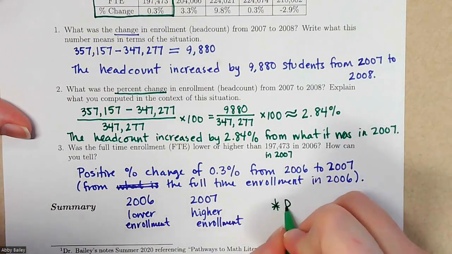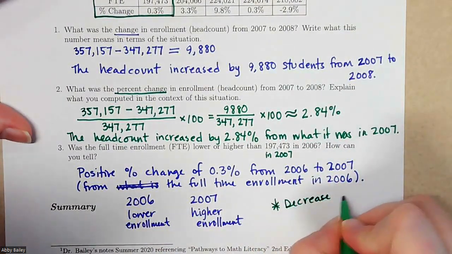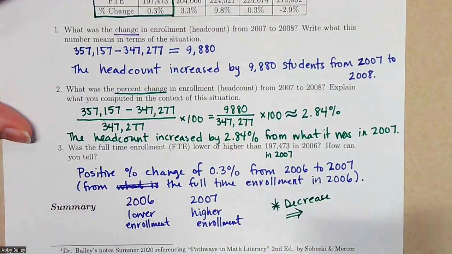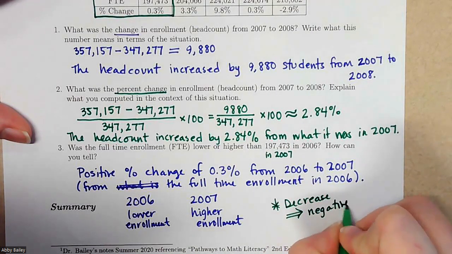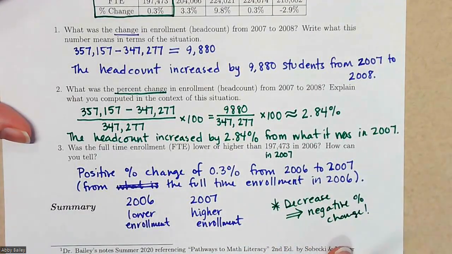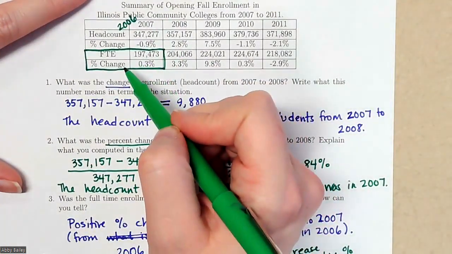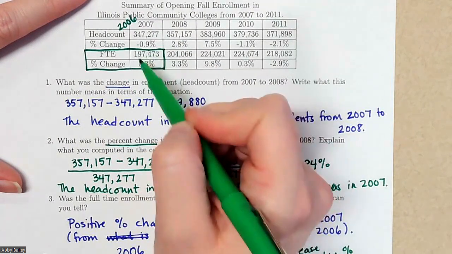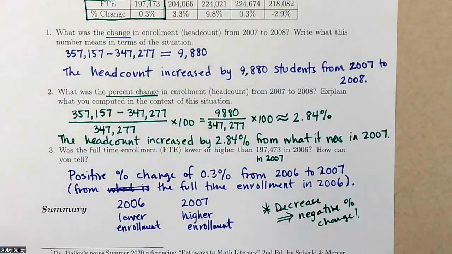A decrease in enrollment would be given by a negative percent change. Okay. So because this was positive, that means from 2006 to 2007, there was growth in how many full-time students there were.